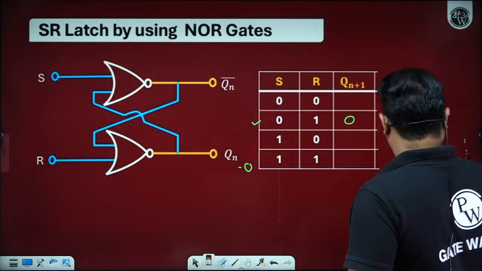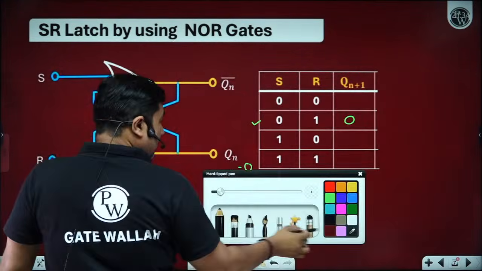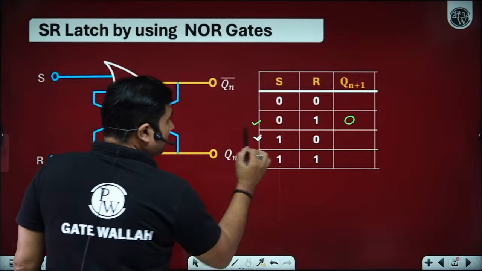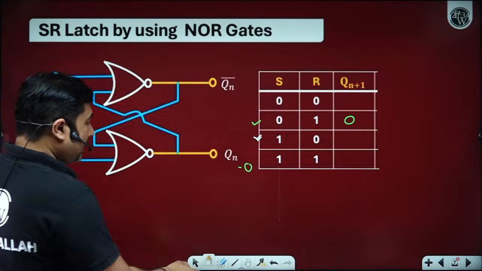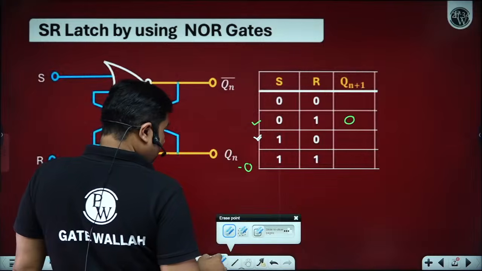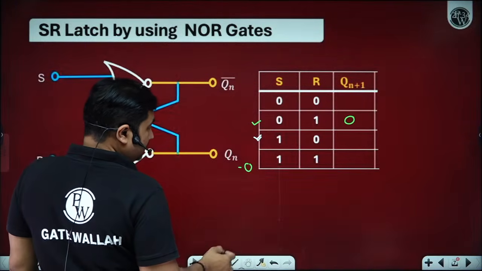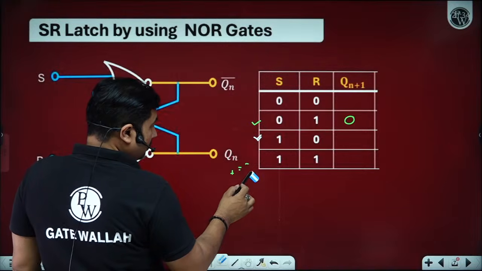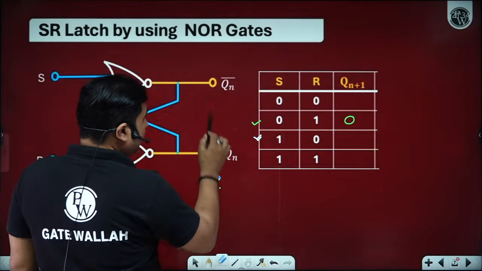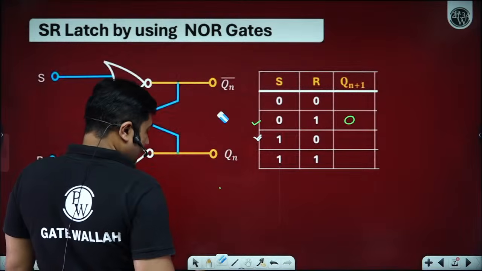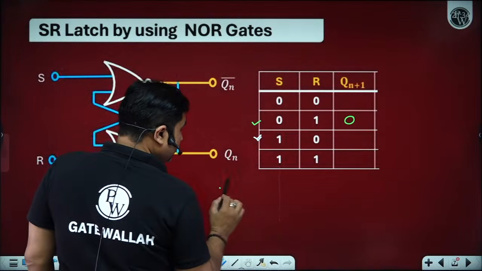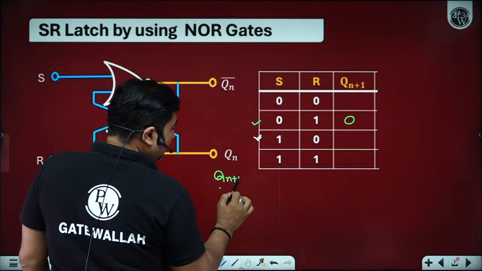How many of you able to understand up to this part? Now please observe this one: S is equals to 1 and R is equals to 0. Please observe, beta ji.